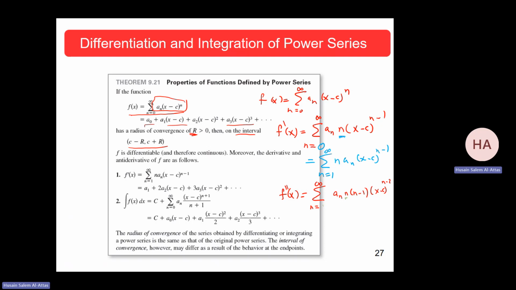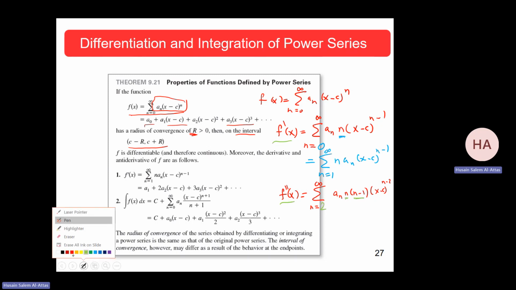If I put 1, this will be 0. So everything will be 0, so I can start from 2. This is just to find the first derivative and second derivative. You need to be careful about the starting point.